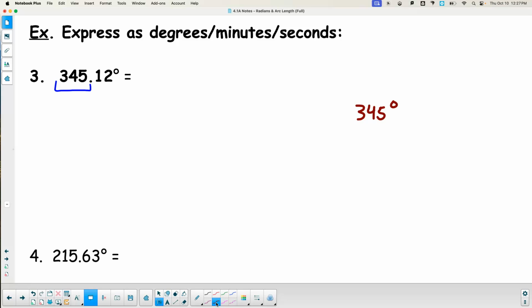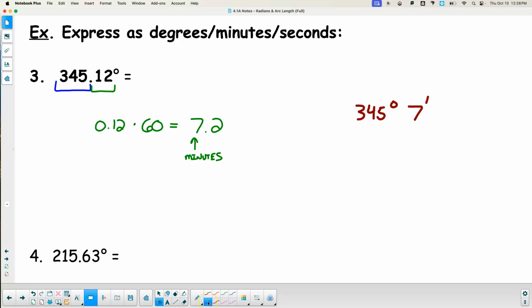Then what I do is I take the decimal point, so in this case it is 0.12, and now I multiply it by 60. And I get 7.2. So then this part right here becomes my minutes. So it would be 7 minutes.